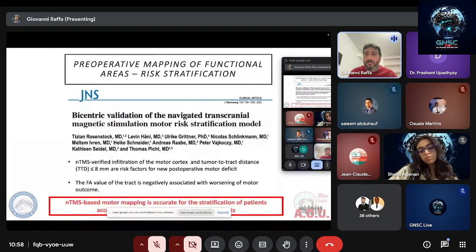And even the reconstruction of the entire motor network using this kind of NTMS-based planning is very accurate in the stratification of patients with a motor eloquent lesion. So if you find a lesion that is closer than 80 millimeters from the motor network, of course, the risk for postoperative permanent motor deficits is really high.